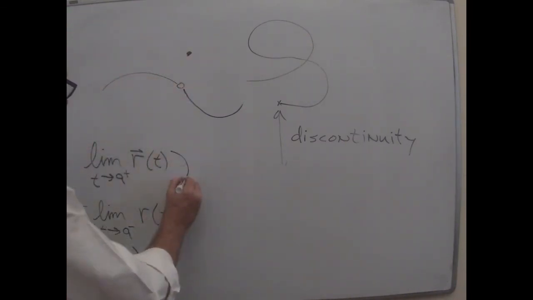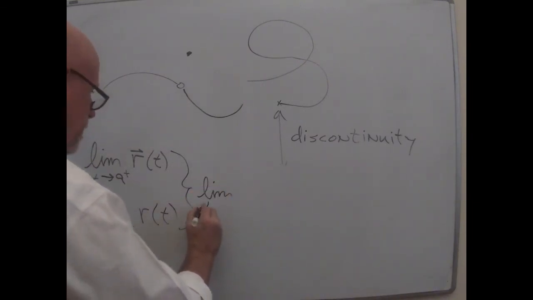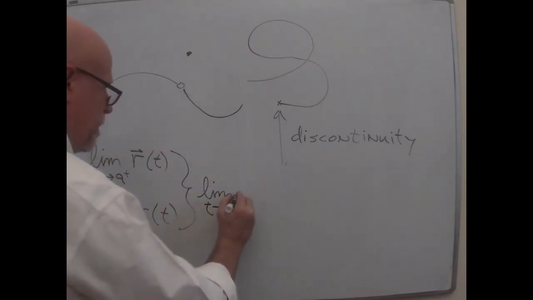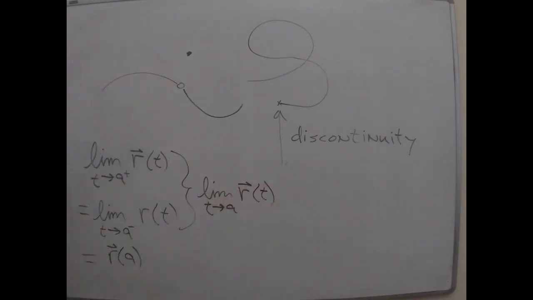And this one can be turned into just saying that the limit as t goes to a of r of t exists. But that one and this one together, that's all you need to have continuity. I've sort of sketched at it. Maybe I should write this in a formalized way.